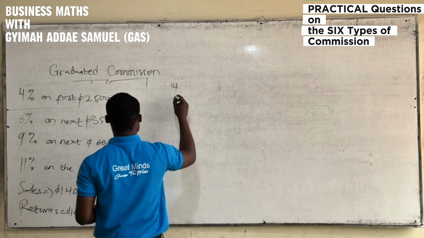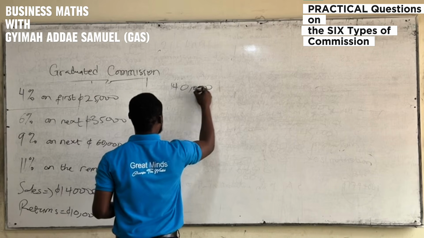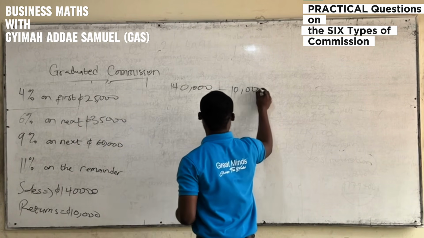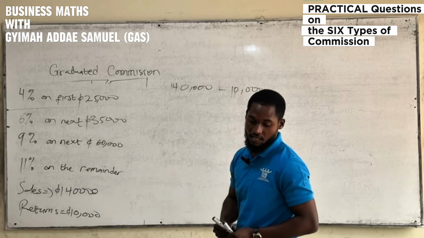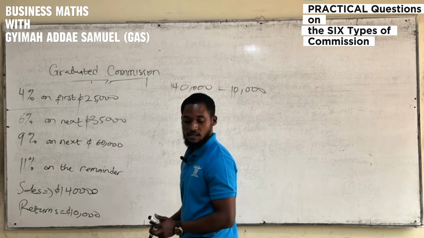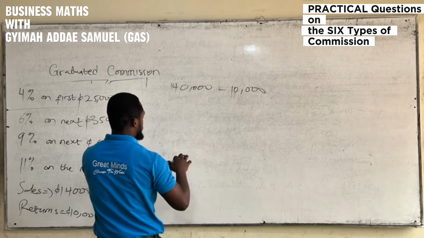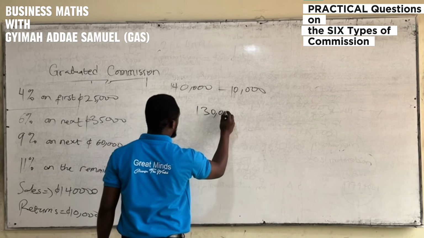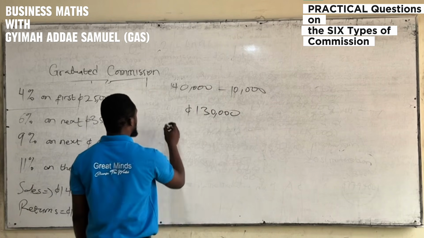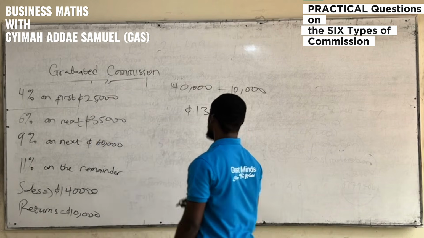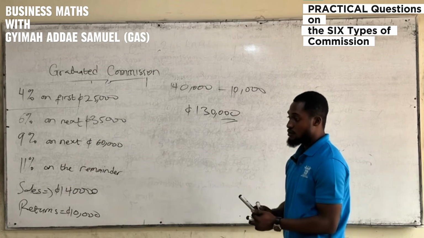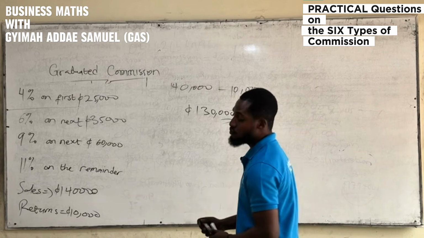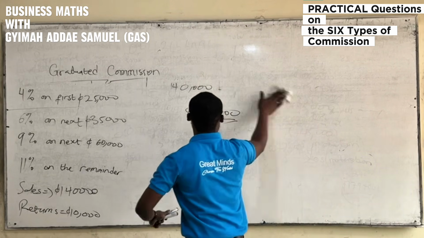So the sales is given to be 140,000 Ghana cedis, and return is 10,000 Ghana cedis, getting 130,000 Ghana cedis. So this is the actual sales we will be using to solve the question.